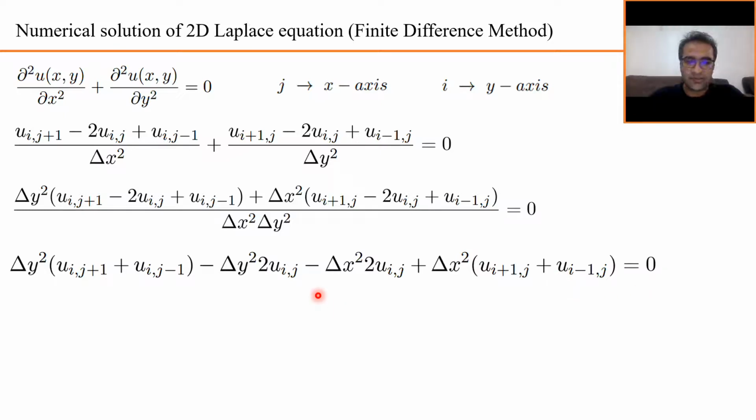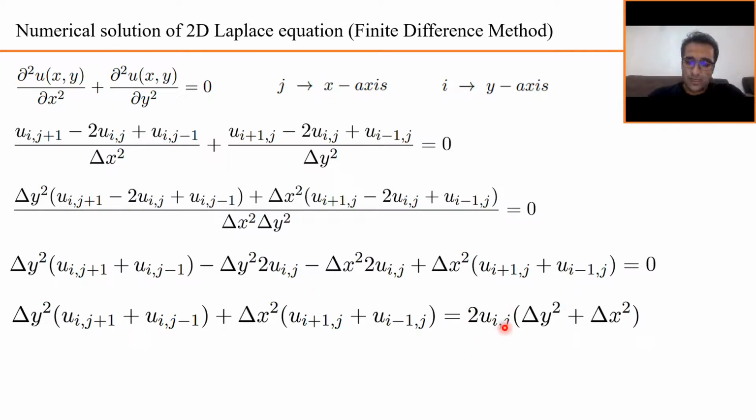And if I simplify it and try to gather u_ij on one side and the other terms on the other side, I have this, as you see here.